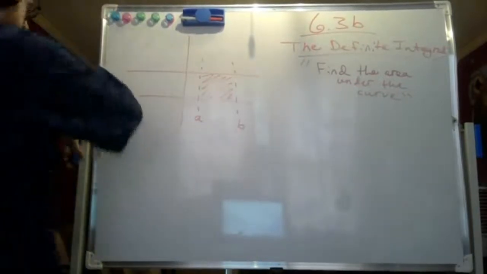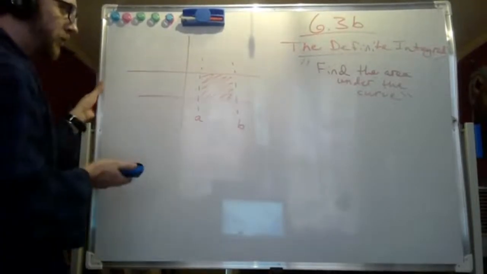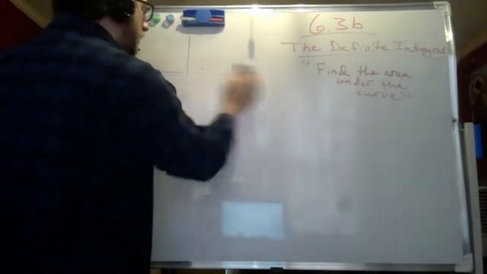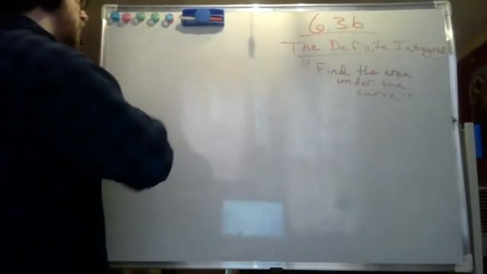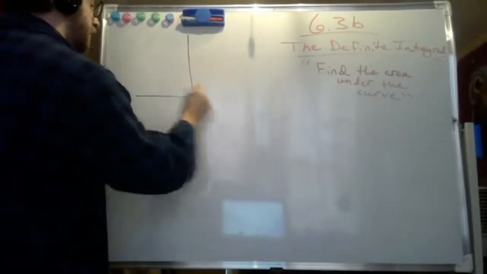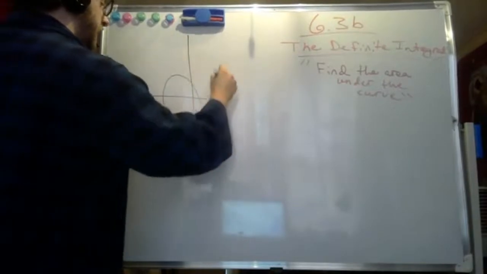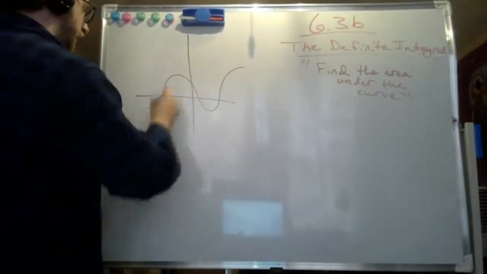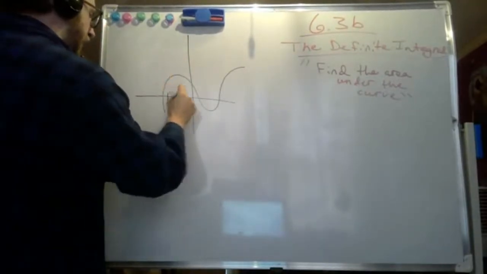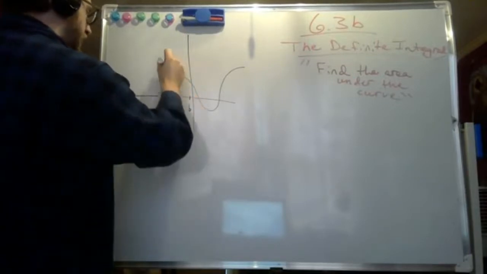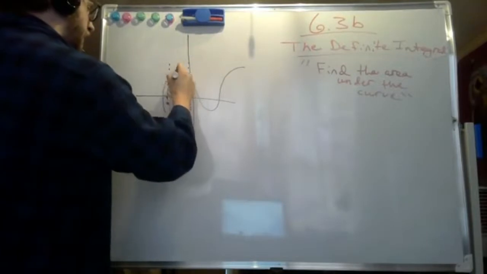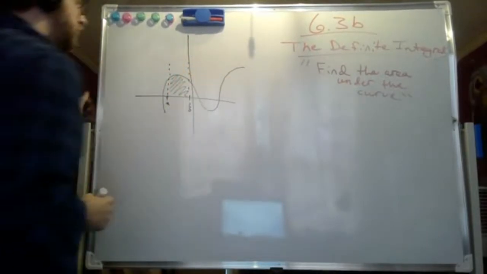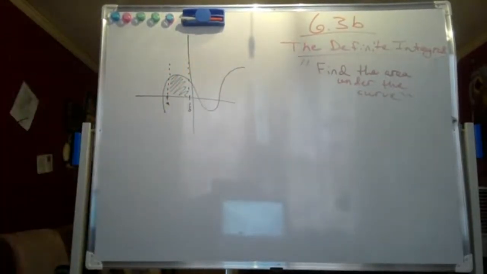Well, suppose instead of a simple shape like this, suppose I had a function that was instead something like this. And you wanted to get the area from A to B. And now you got this strange region that you're trying to find the area for.